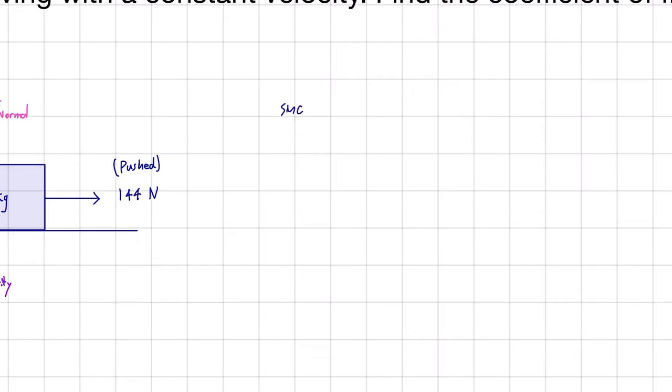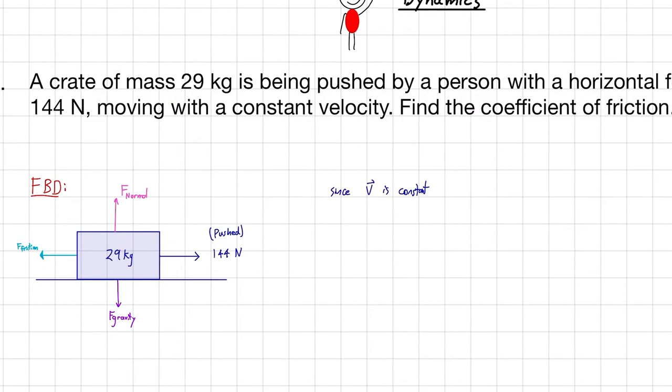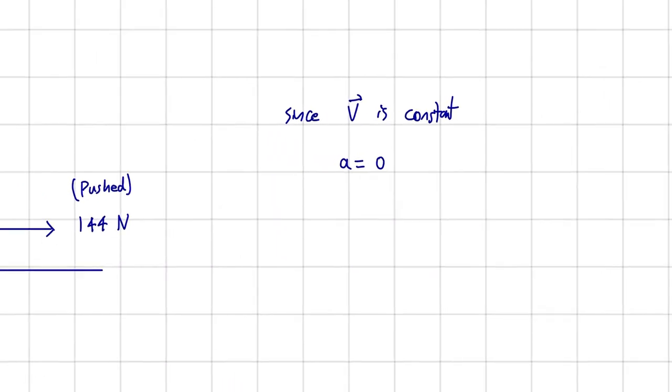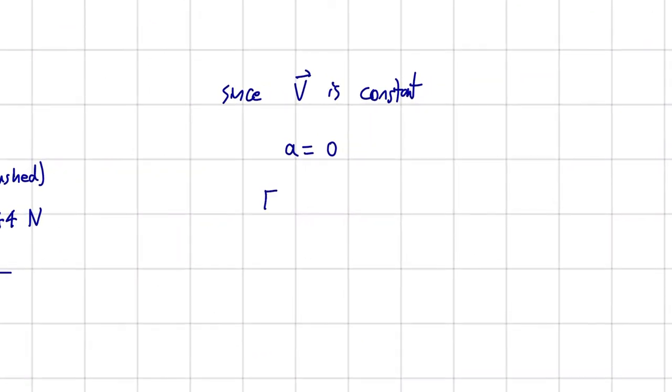We know that since the velocity is constant, remember in the question, we have a constant velocity. That gives us a piece of information: the acceleration will be 0. Our object is not accelerating, it's moving with a constant velocity. And that's important because our formula, F net equals ma, tells us that F net is equal to m times 0, so F net is equal to 0.